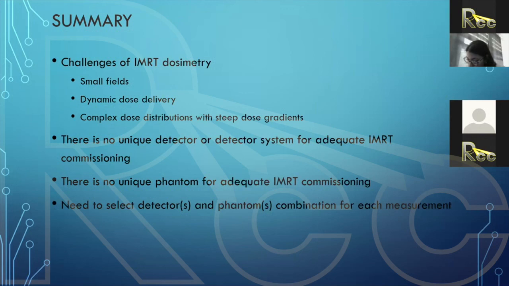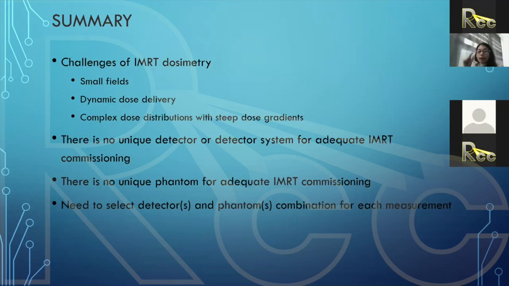I was wondering if you could speak on, for instance, whether you need a Farmer chamber and film to be able to perform IMRT. For example, if you don't have a 2D array to do patient-specific QA, then you need film plus an A16 ion chamber. The A12 is too big for IMRT.